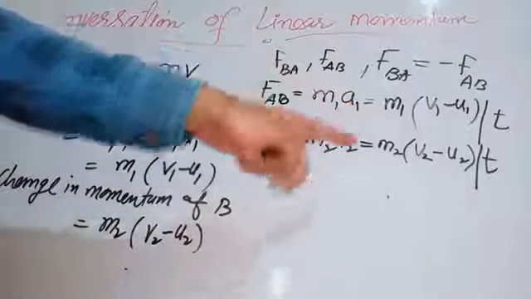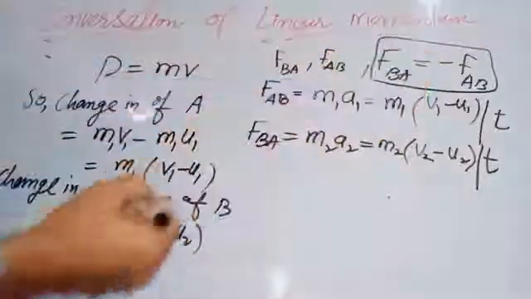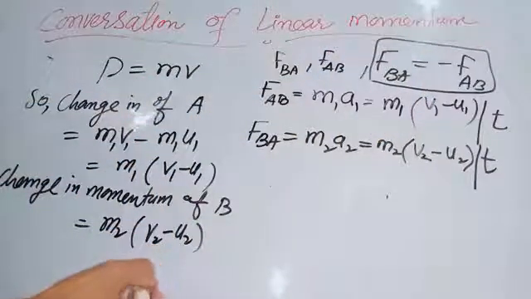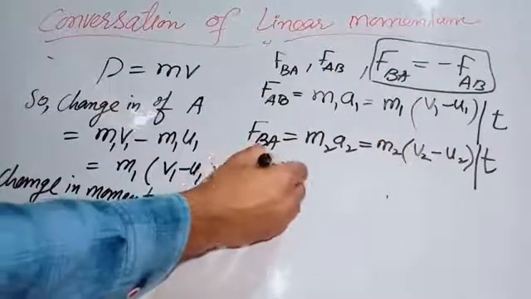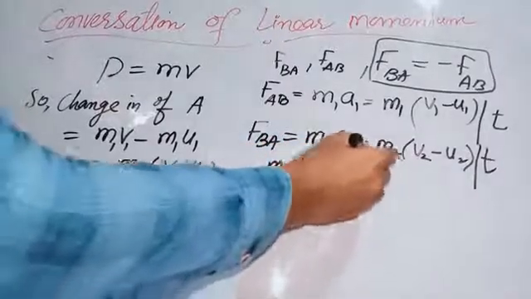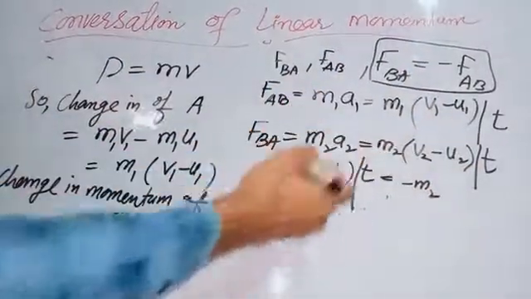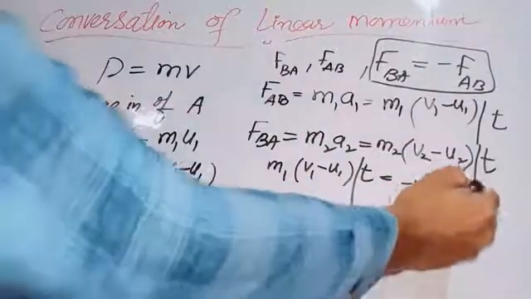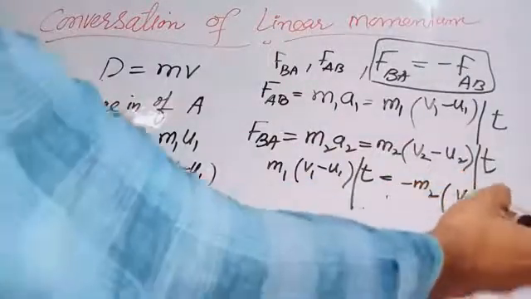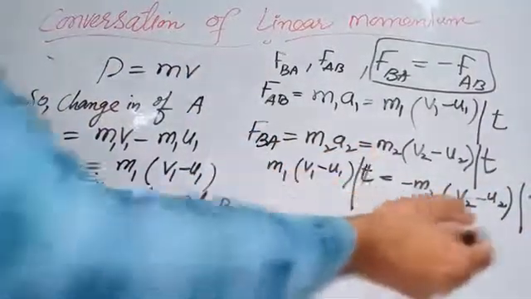If we substitute this value in this equation, we get m1 (v1 minus u1) divided by t is equal to minus m2 (v2 minus u2) divided by t, because here it's minus. T and T will get cancelled here.